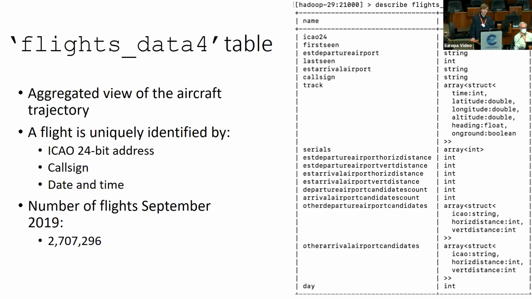For the period we are looking at, we had over 2 million data rows in the table. On the slide on the left side you see all the data fields that are present, but I'm not going to spend too much time explaining all of them.